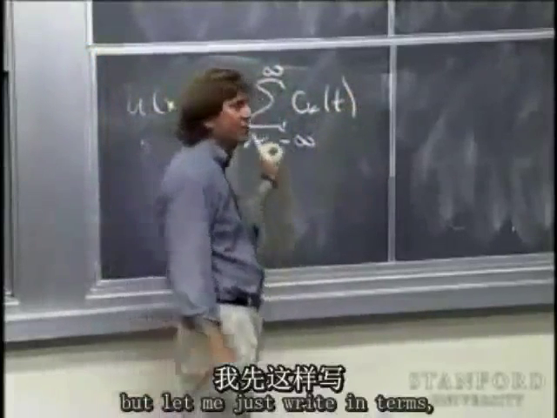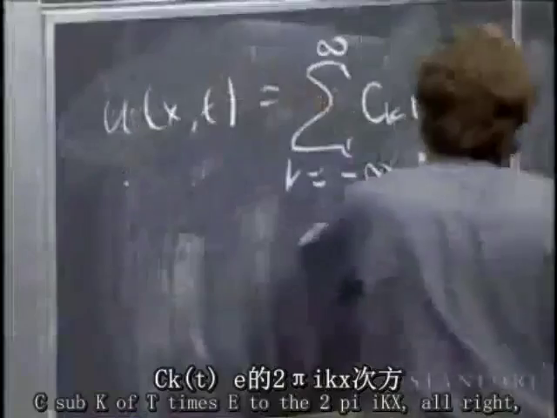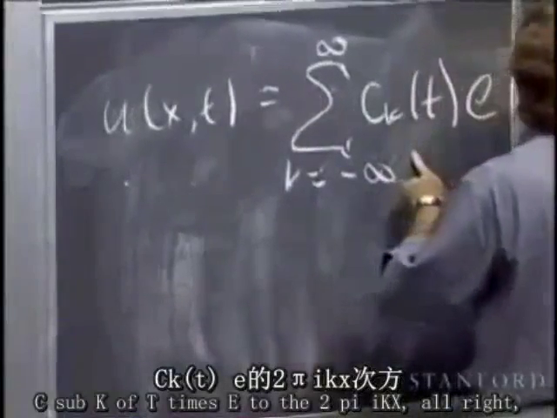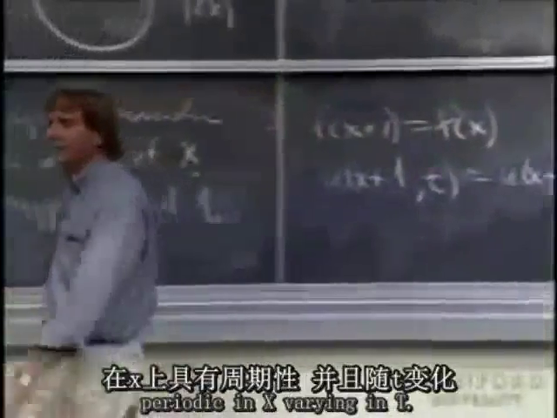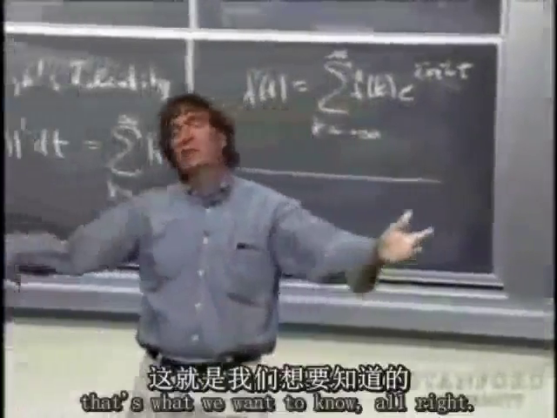I'll bring that in later, but let me just call it c right now. c sub k of t times e to the 2 pi i k x. All right, periodic in x, varying in t. How does it vary in t? That's what we want to know.